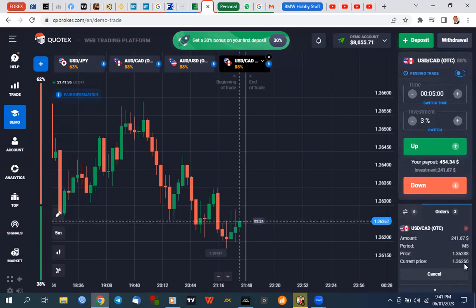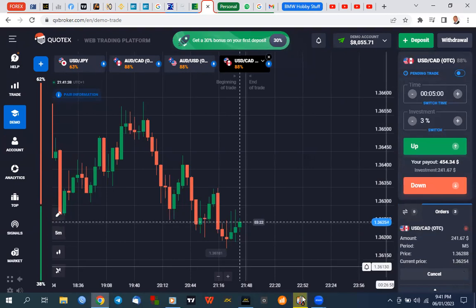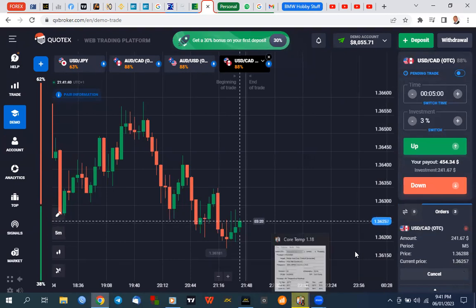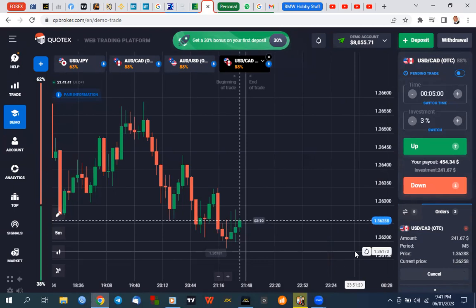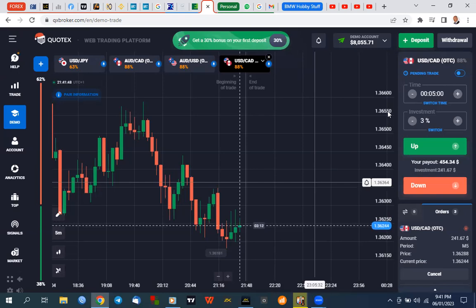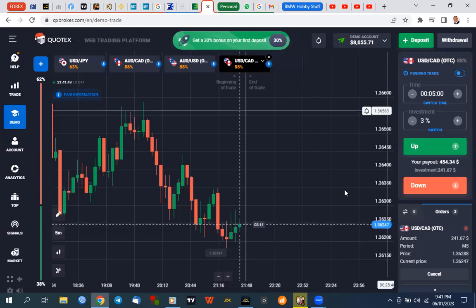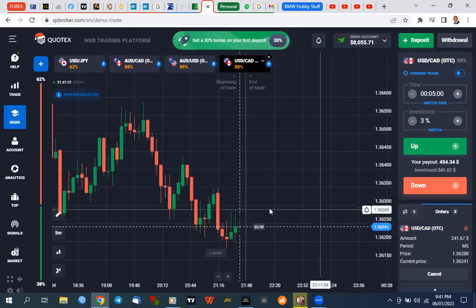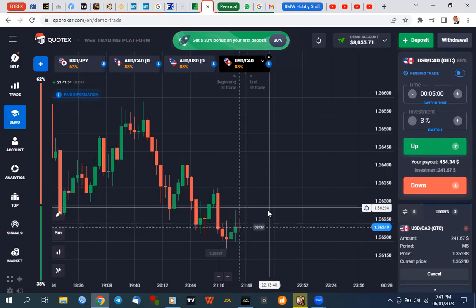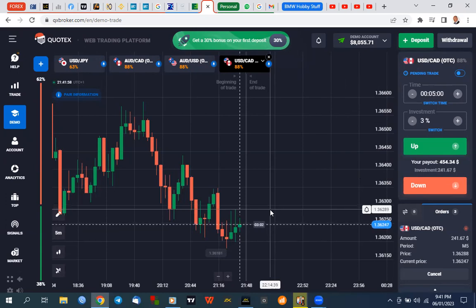Now, in the course of this, if the pending order activates, you will see the trade come alive. Once it hits that price, the trade will activate like an MT4 trade and will come straight down.